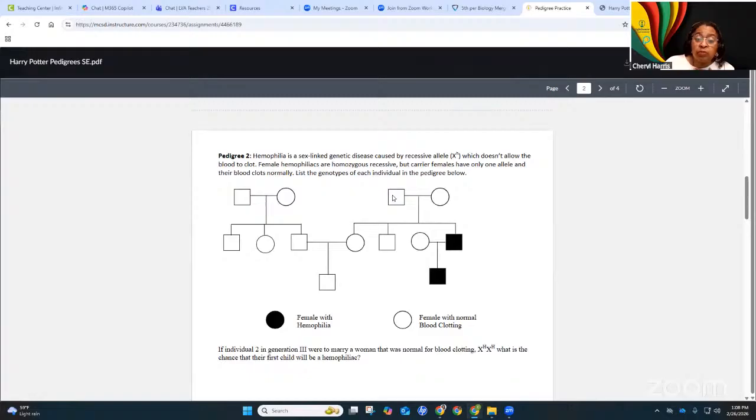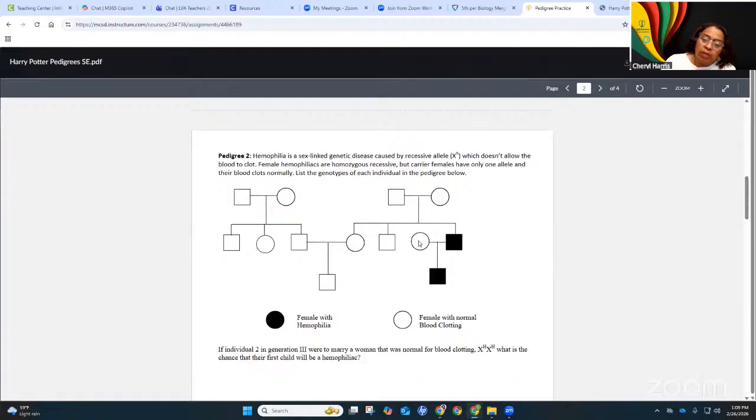It's going to be X and Y. So this female had to be carrying this version. It's highlighted on the worksheet, but she had to be an X with a little h, because that's the only way that she can pass it on to her son. And when he married, she can be normal.